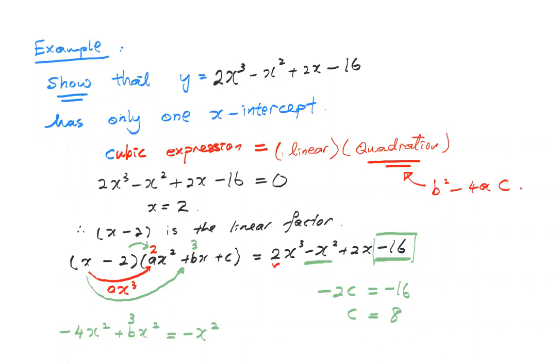So this is one of the ways that we can learn how to write a cubic expression as the product of a linear and a quadratic, if you know the linear. Where can you get the linear? Usually in this type of question, they will give you a very nice linear, okay?